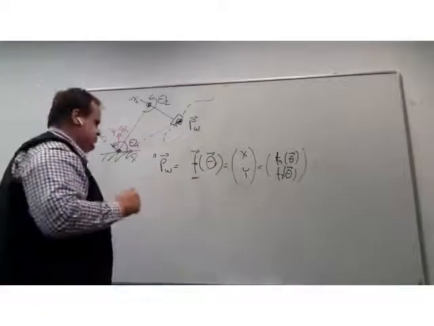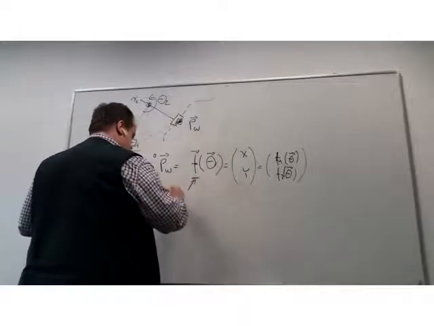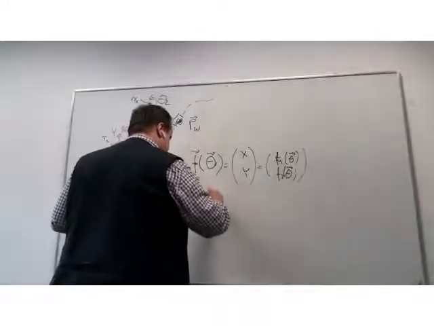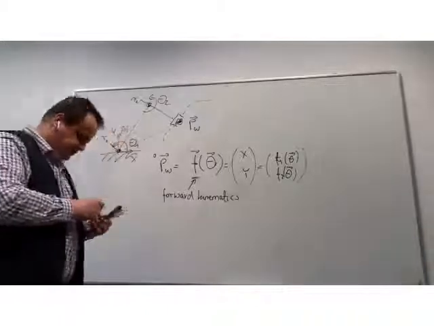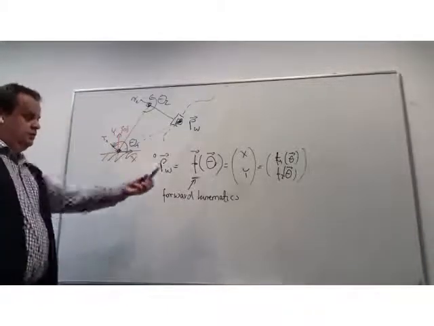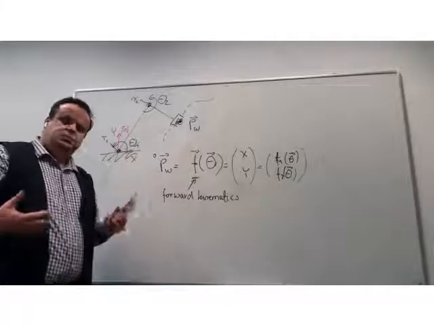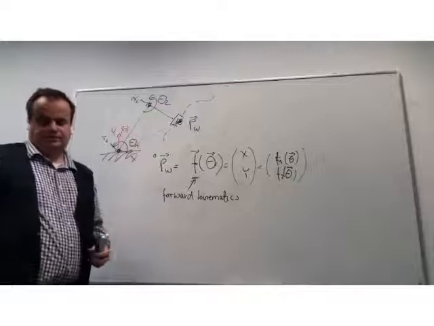The function f, which we see here, is commonly called the forward kinematics of the robot system. And we would like to find a method which is the easiest way of finding this function given a robot structure.